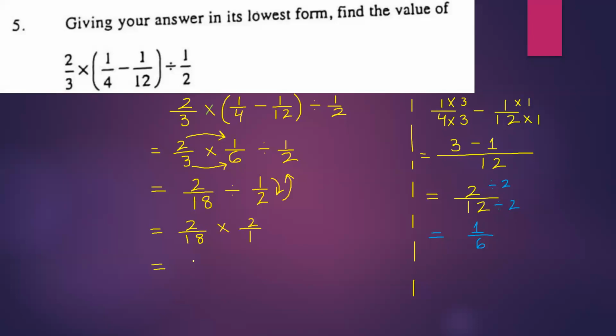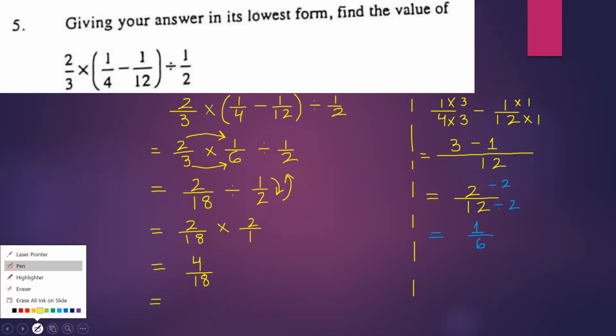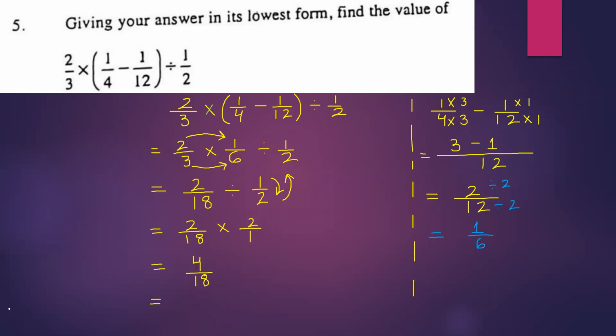What is 2 times 2? 4. What is 18 times 1? 18. Good. Are we done? No. What number could go into 18 and 4? 2.